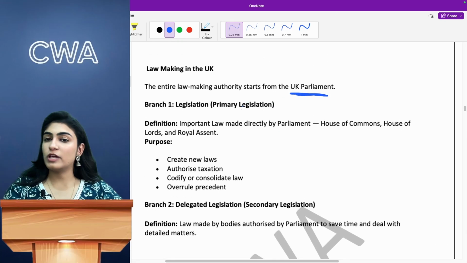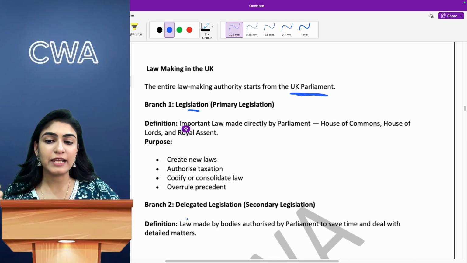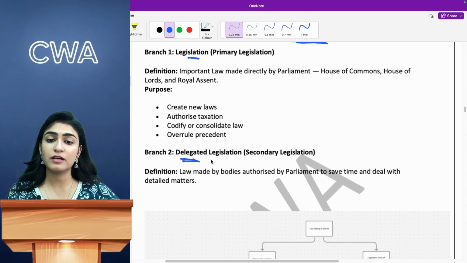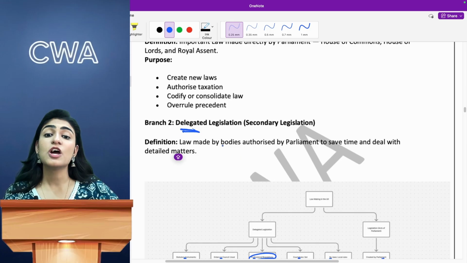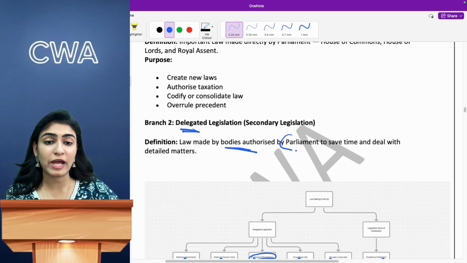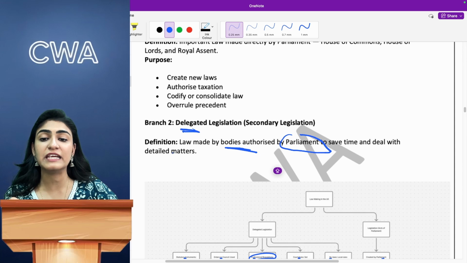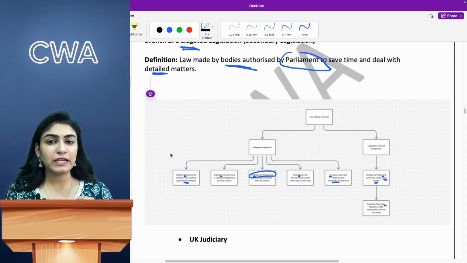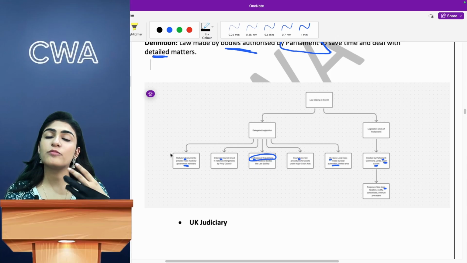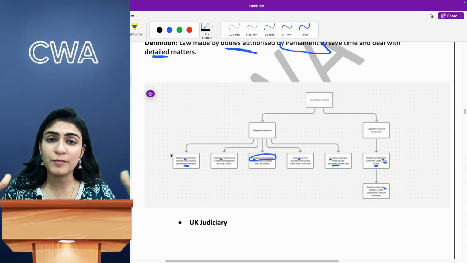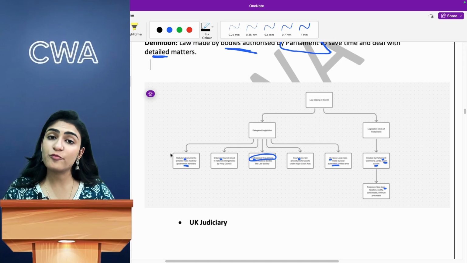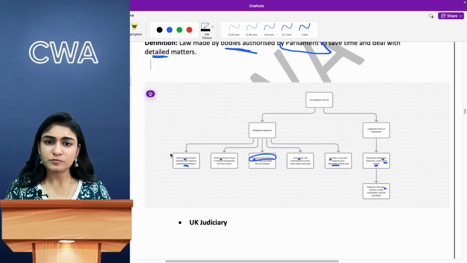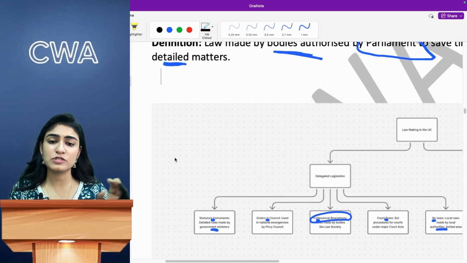So, lawmaking in the UK has two branches, legislation and delegated legislation. In case of legislation, important rules and regulations are made here. In case of delegated legislation, law is made by bodies authorized by Parliament to save time and deal with matters in a detailed manner. So basically, delegated legislation is made to deal with situations in a detailed manner, and hence there are five branches to it, and each branch looks into a separate set of rules and regulations.